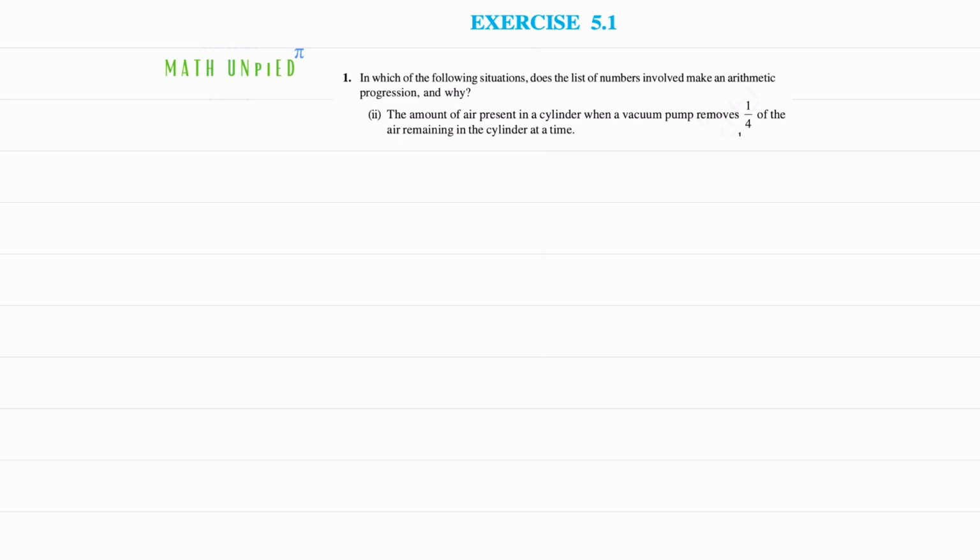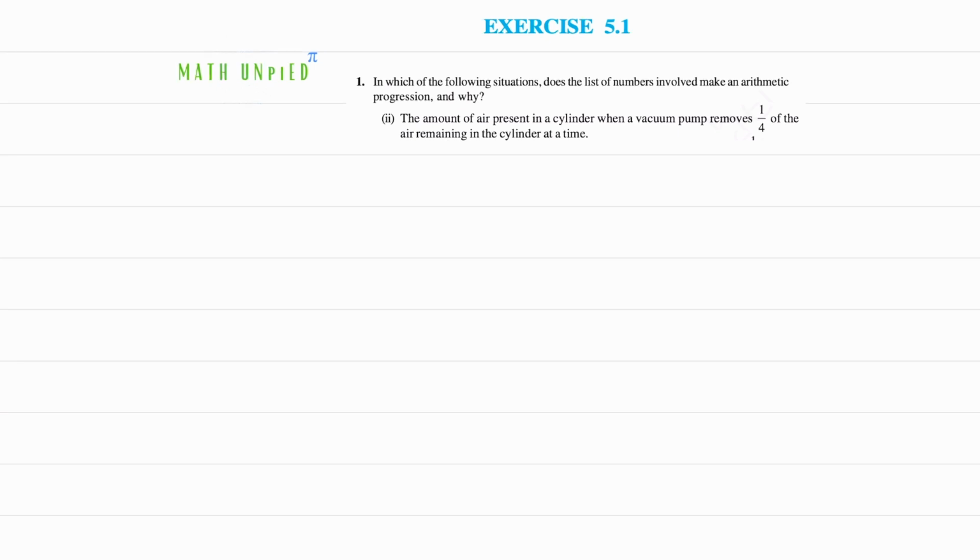The amount of air present in a cylinder when a vacuum pump removes 1/4 of the air remaining in the cylinder at a time. Now we can start like this. Let the amount of air in the cylinder at the beginning equal x units.